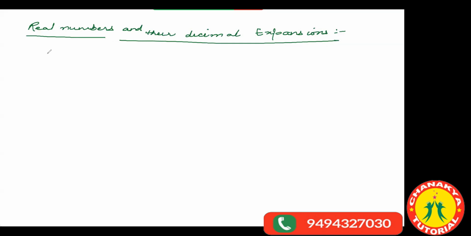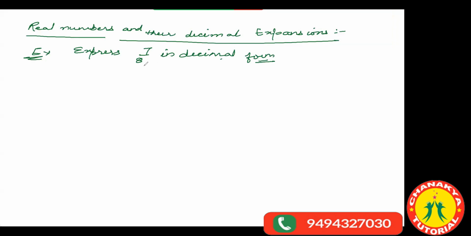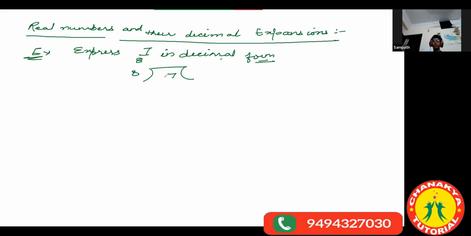In decimal expansion, it is very easy. Suppose we express 7/8 in decimal form. So children, what will you do? You will do long division like this. Zero.